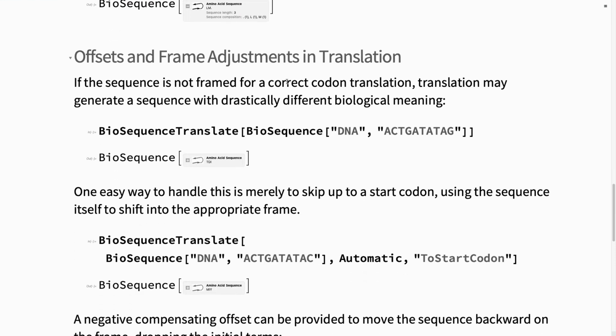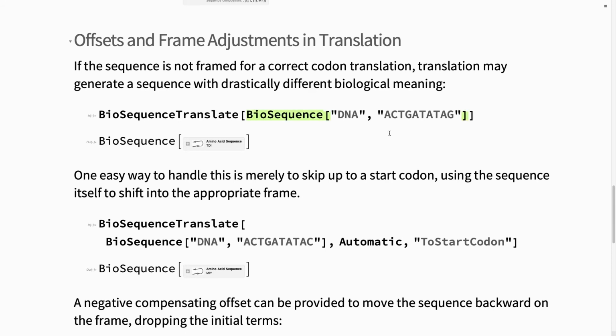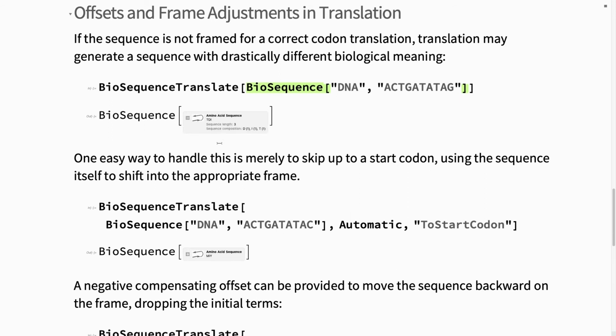Oftentimes, you're going to end up in a situation where you're not perfectly aligned, where you have this frame shift phenomenon. Because every 3 letters is what's translated, if you get off by 1, that's a big problem, and it really messes with your analysis.